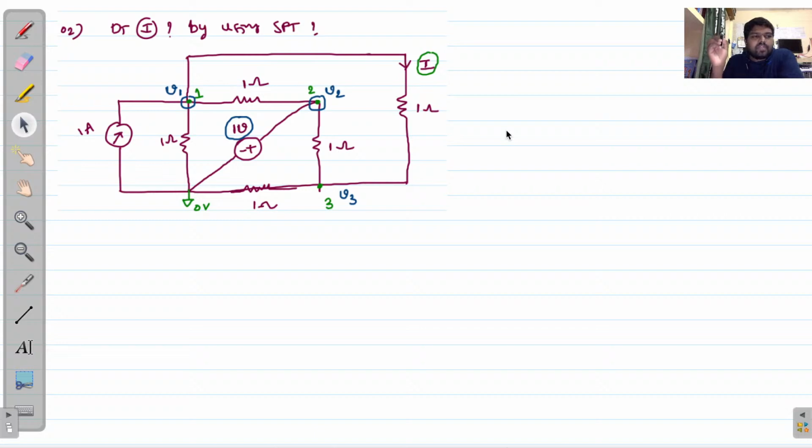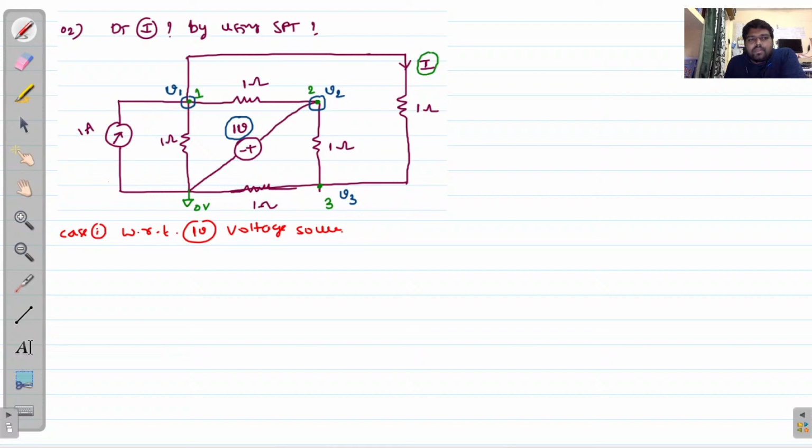First, I'm considering the 1 volt voltage source, case 1. I'm ignoring the 1 ampere source.